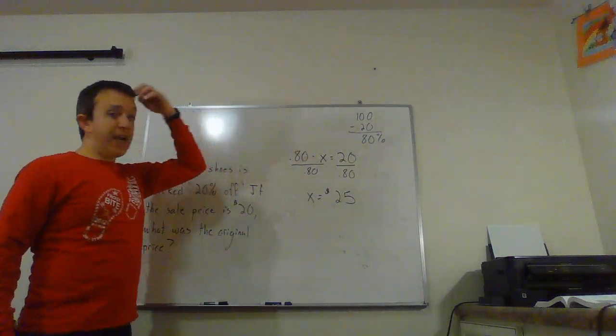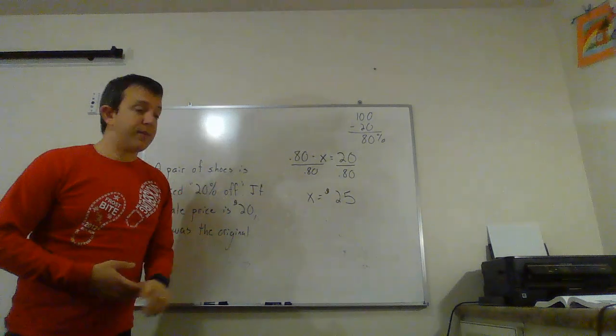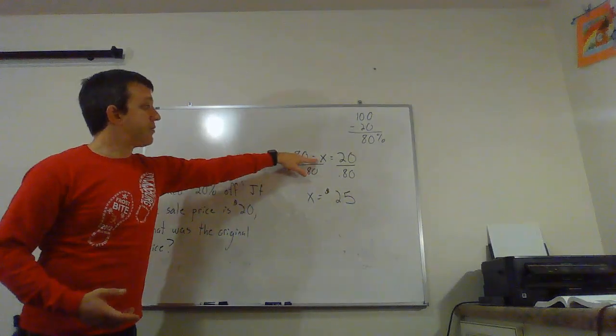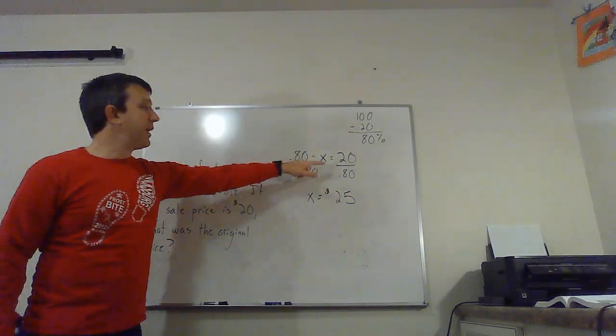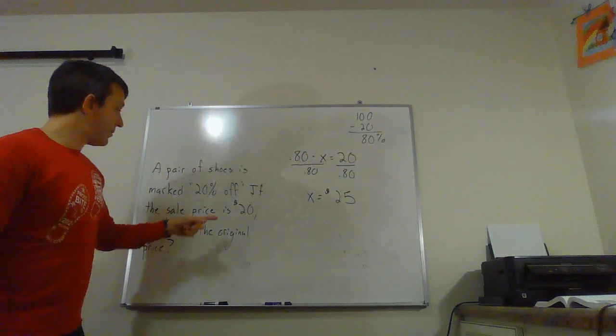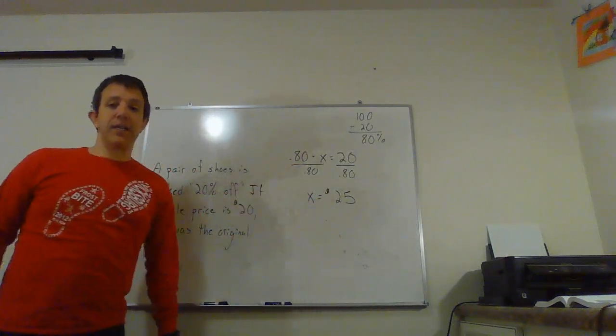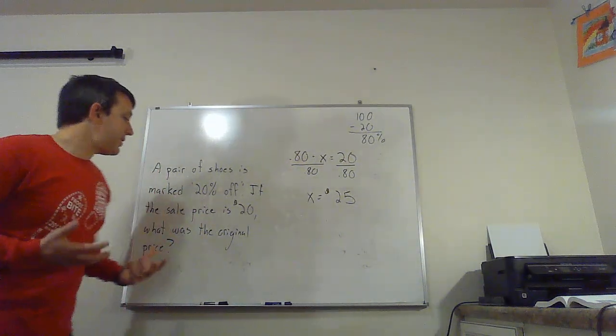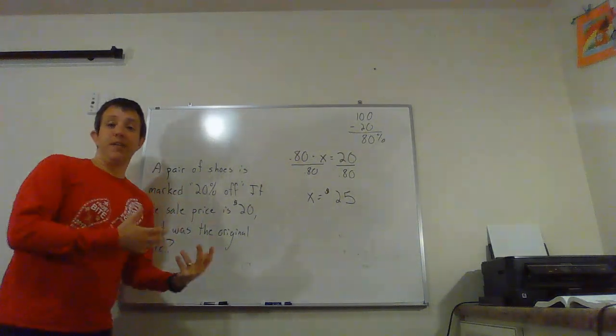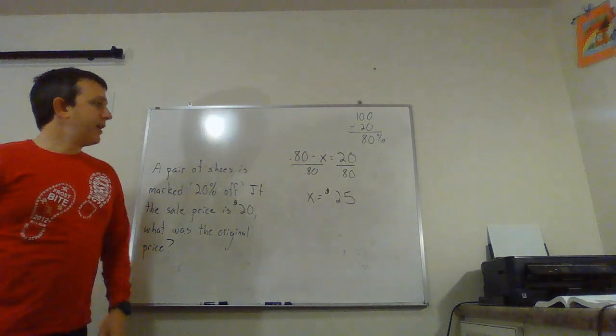So I'm going to use 80% as my percent. I'm trying to find the original price, so there's my X, and it is equal to the sale price of $20. When I divide both sides by 0.8, I get an answer of $25, which makes sense, right? The original price here is higher than the sale price, and so that's good.